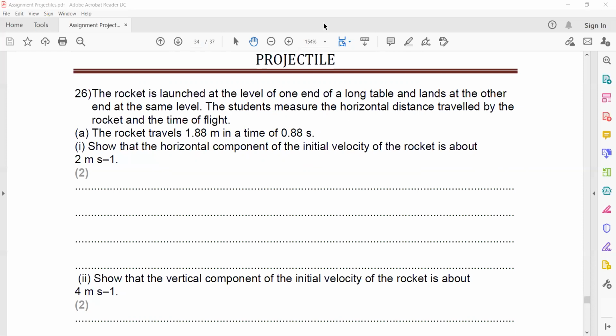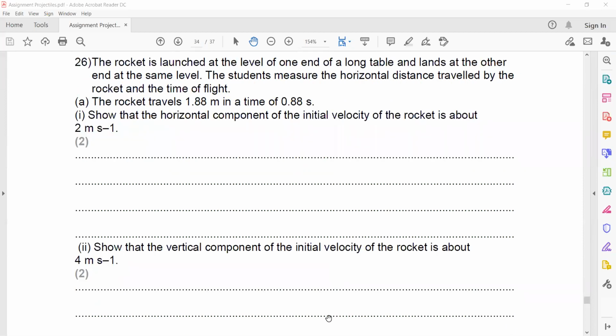So how can we get this? Basically, we will find the launching speed. So first we will find the initial speed. We have the formula: speed is equal to distance divided by time.